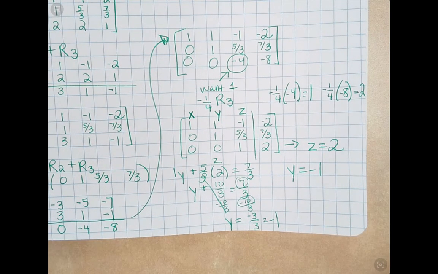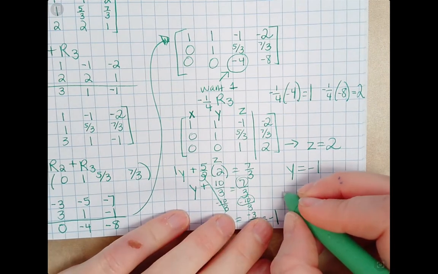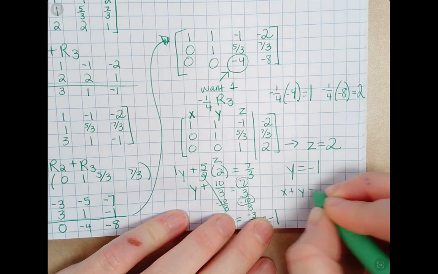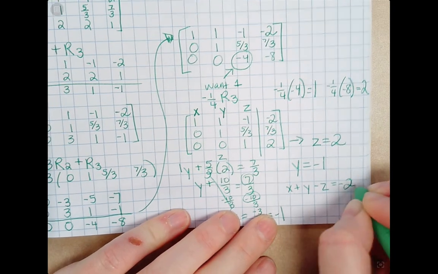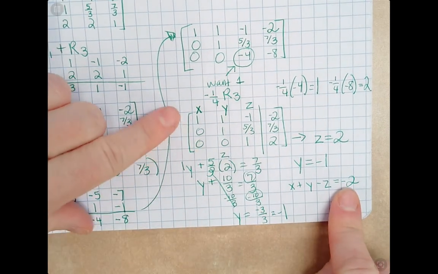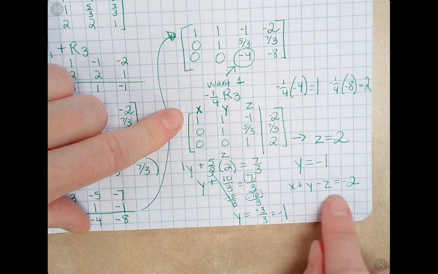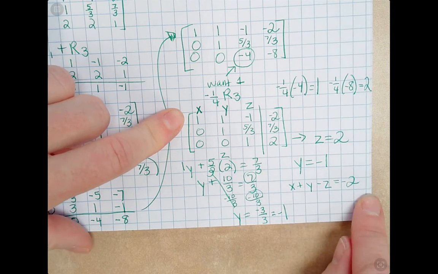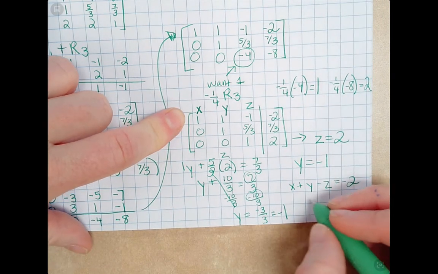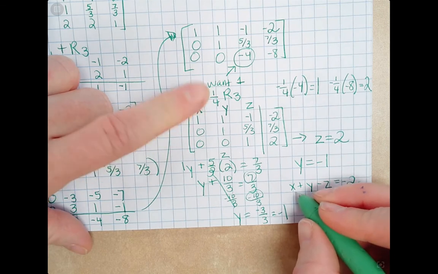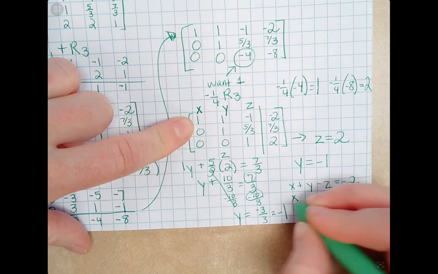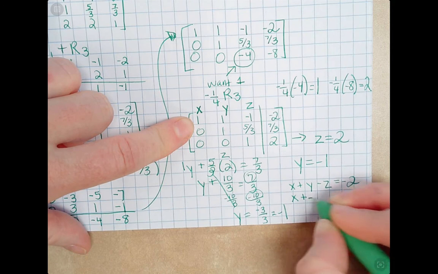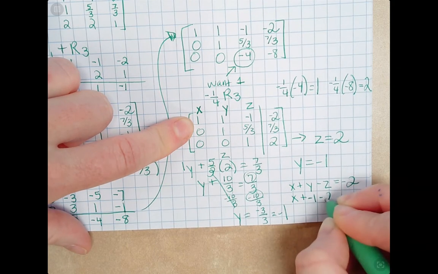How do we find the third solution, the x? Plug it into the first equation that we have left. X plus y minus z equals negative 2. So I would have x is, we don't know, y is negative 1, and z is 2.